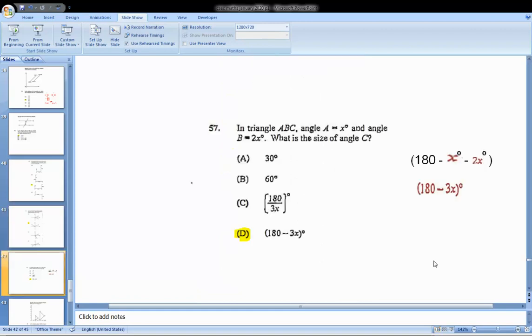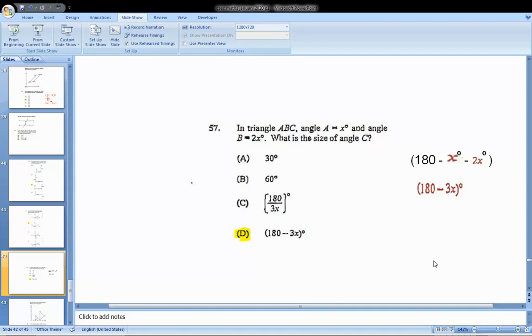Let's move on to our next question. 57. It says in triangle ABC, angle A equals x degrees and angle B equals 2x degrees. What is the size of angle C? Now we know that in a triangle we're given three angles, and the total measurement of a triangle is 180 degrees. So to find angle C, we would put an equation.